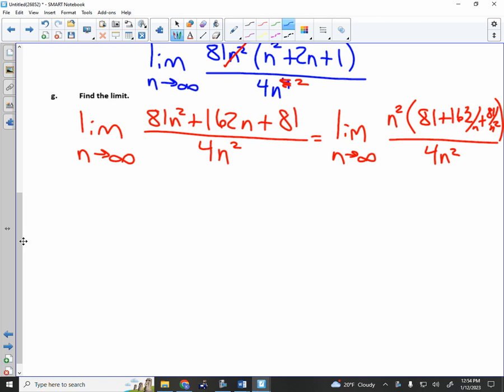What happens? The n squareds are gone. As we let the limit go to infinity, what else happens? Those go to 0. And what are you left with? 81 over 4, which is 20.25, right?